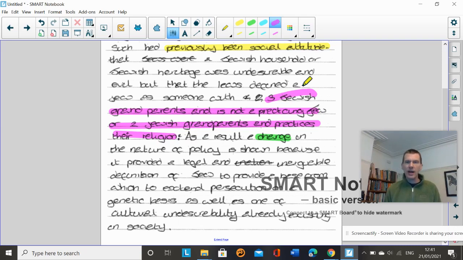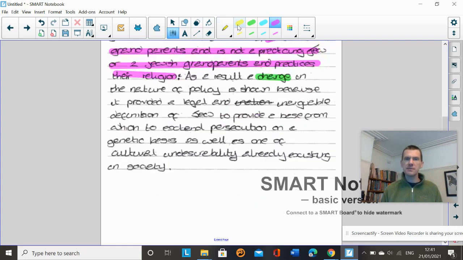As a result, a change in the nature of policy is shown because it provided a legal and unarguable definition of a Jew to provide a base from which to extend persecution on a genetic basis, as well as a cultural undesirability already existing in society.